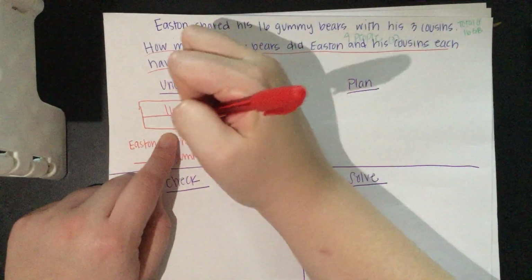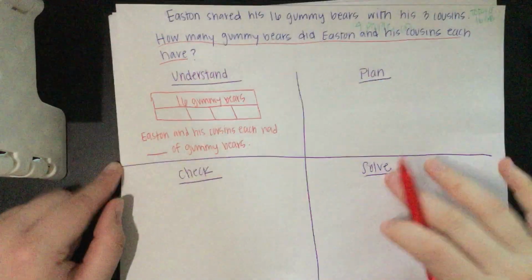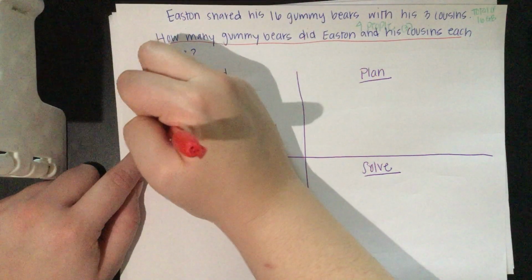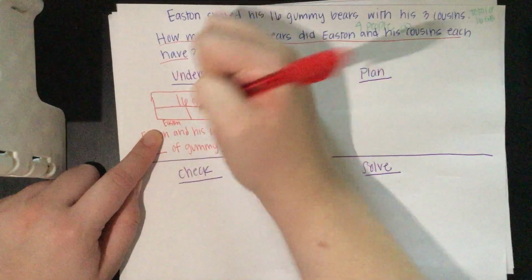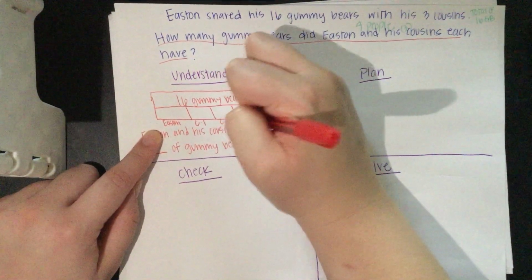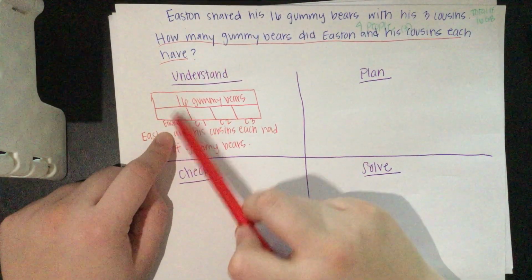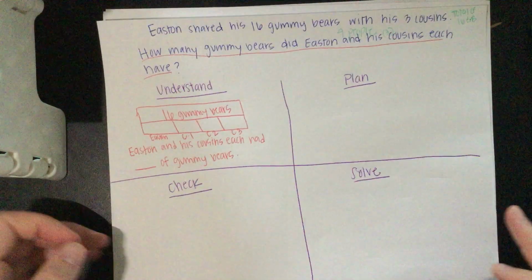And they're going to get divided between 4 people. So this is Easton. This is his cousin 1, cousin 2, cousin 3. Okay? I want to know how many gummy bears each person is going to be receiving.